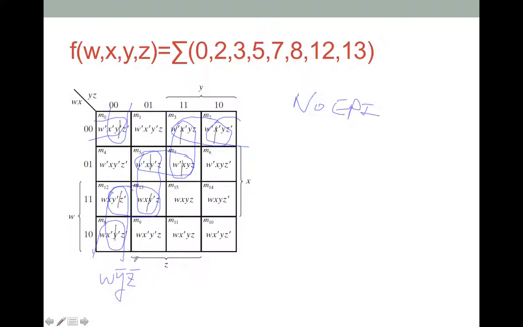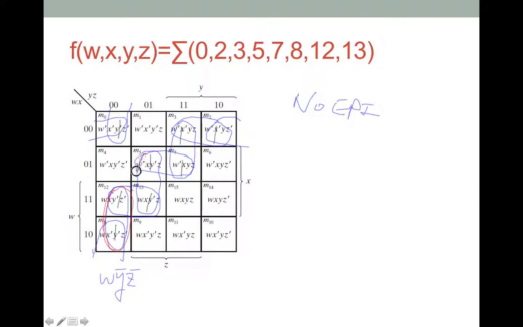So let's try first. Choose any PI which is largest, but sizes are all the same. So let me begin with this guy. So I choose this PI. The goal is to cover all minterms with a minimum number of PIs. So if I choose this one, I don't have to choose this one because there is an overlap and waste.